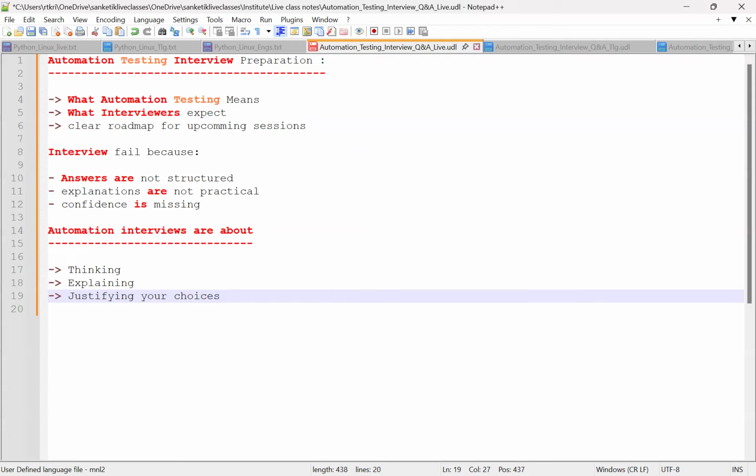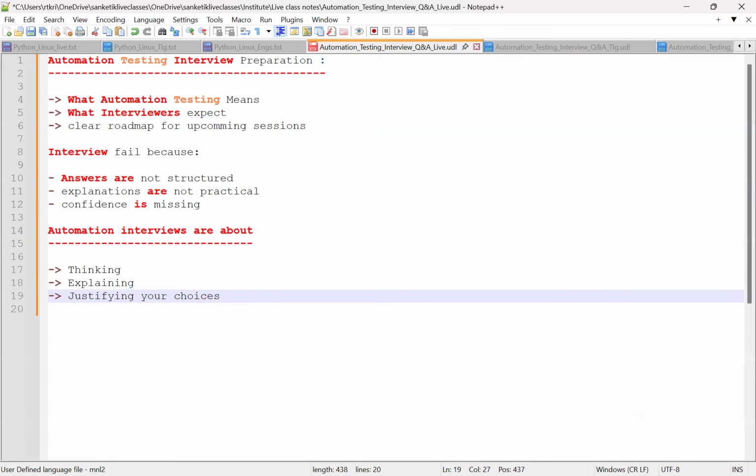Next, we need to integrate with CI/CD, and we need to support the fast releases. So in interviews, they test first how you think, next how you explain, and finally how you connect tools together.